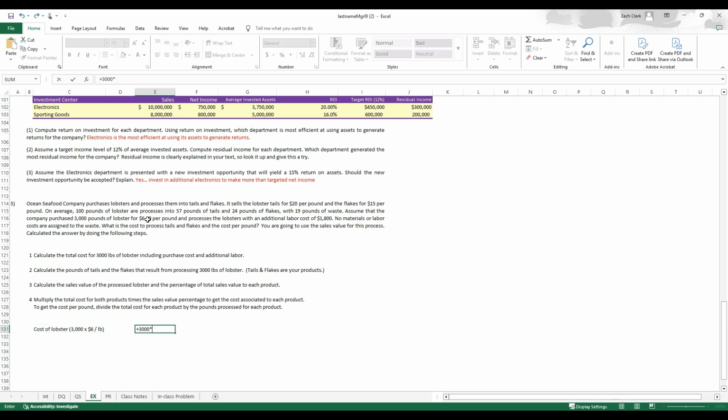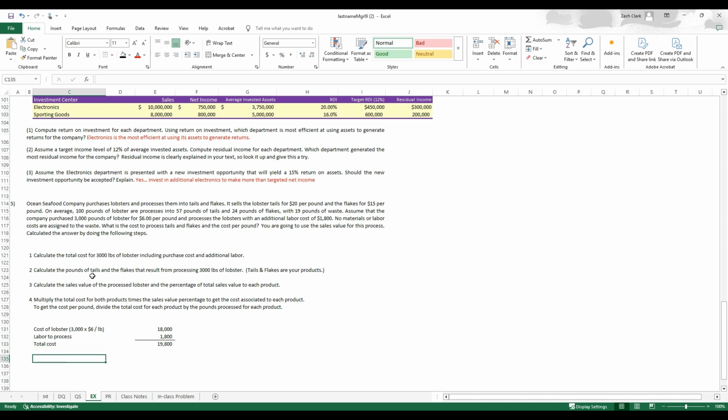So 3,000 times 6, so 18,000. Okay, and then let's say the labor to process. It tells us up here additional cost. Okay, so 1,800, just 1,800 flat. That's just what the amount for labor was. And so the total cost, just add those two together, 19,800.